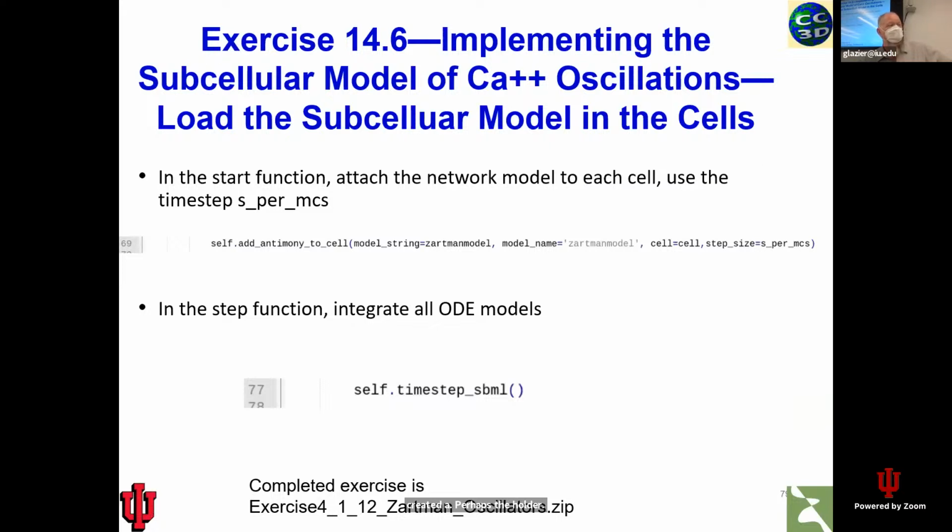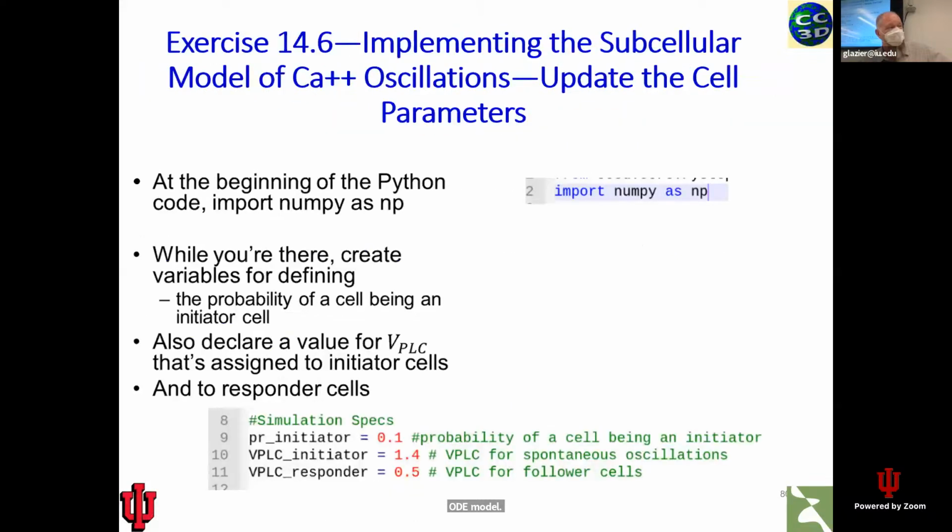Okay. And then in the step function, you have to integrate the ODE model. So you have to add a time step. And then we probably want to create some parameters that are going to define how many initiator cells we have versus responders.